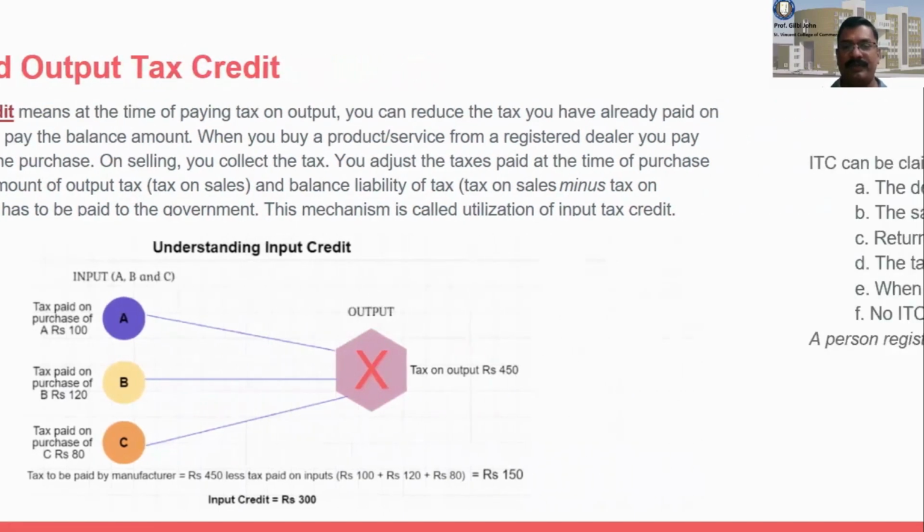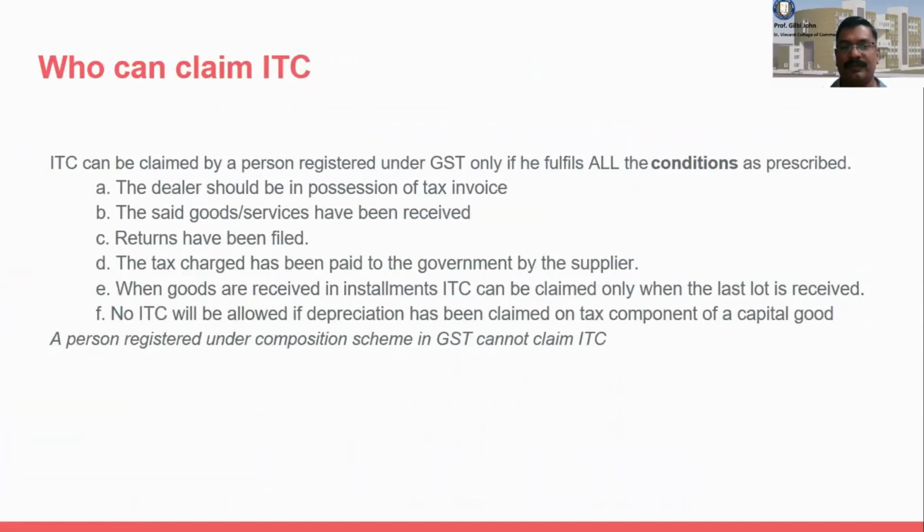Now, who can do it? Input tax credit can be claimed under the following conditions. The dealer should be in possession of the invoice. That means if I outsource to somebody else and they produce it, in such cases I will not be able to get the invoice and I will not be able to claim input tax credit.